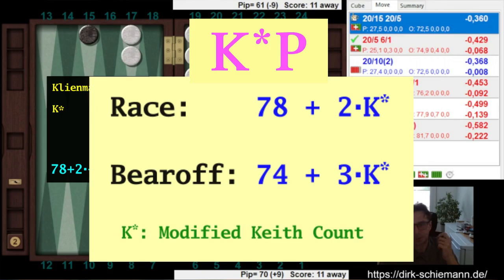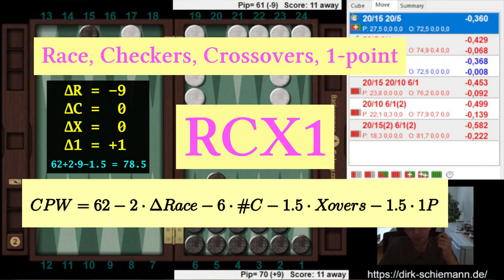Go back to basics and derive a formula from the same ingredients used by race formulas. Here's RAX1, race, checkers, crossovers, and 1 point. And sorry about the terrible name. 62 minus twice delta race, minus 6 times delta checkers remaining, minus 1.5 delta crossovers, minus 1.5 delta checkers on the 1 point.